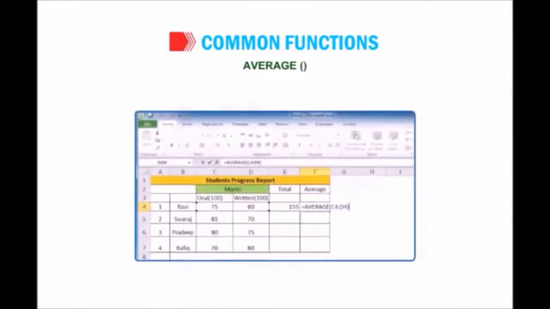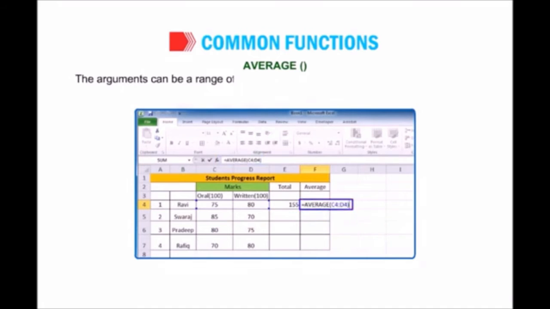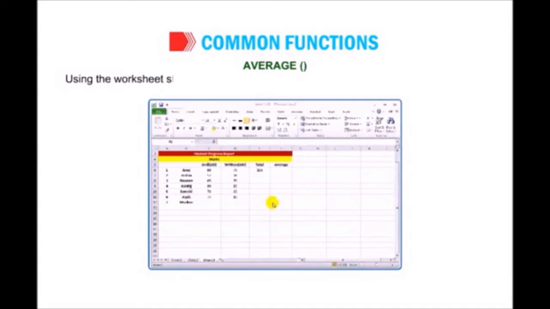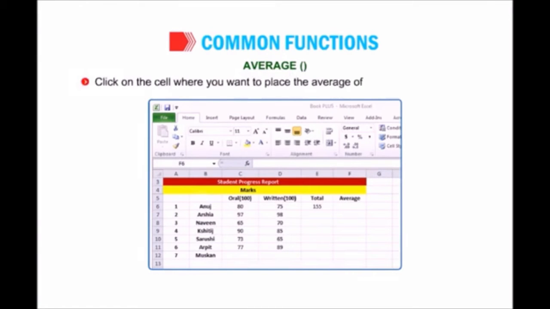Average. The AVERAGE function returns the average of the range values. The arguments can be a range of cells, simply numbers, or numbers along with cell references. Using the worksheet shown in the figure, let us calculate the average of marks obtained by Anuj. Click on the cell where you want to place the average of values, let us say F6.